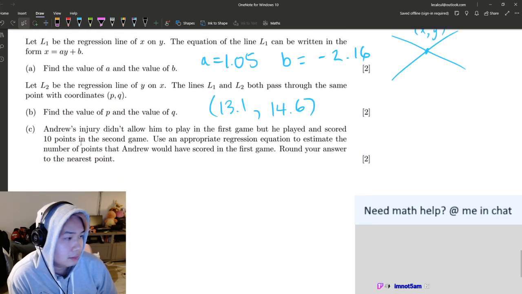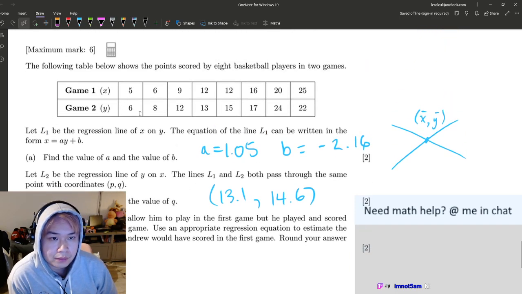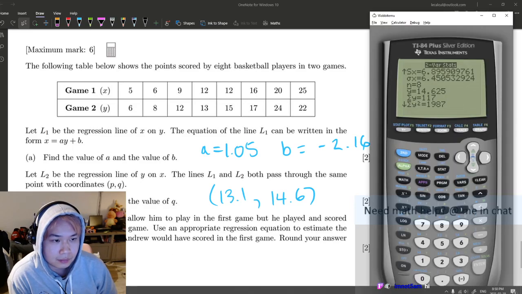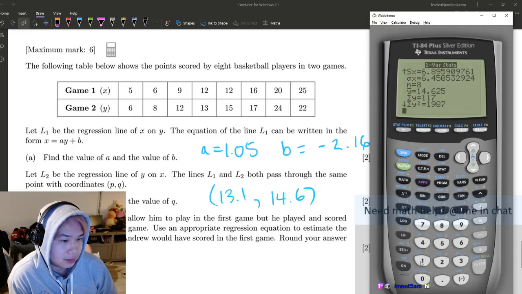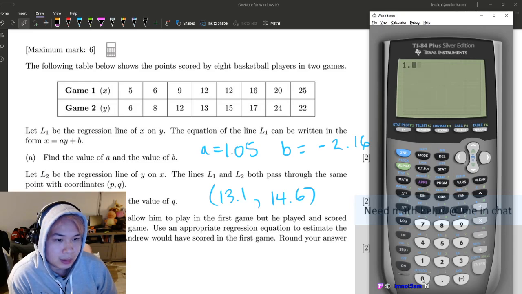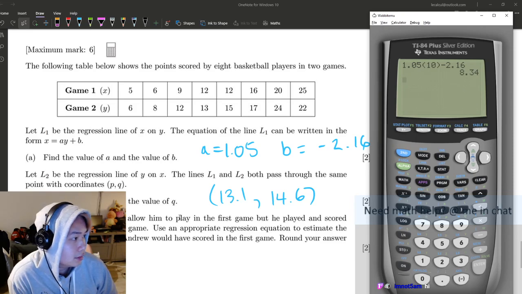He scored 10. And we want to find out how much he scored in the first game. So essentially, we just plug in 10 as our y value to get the x value. Okay, so following the formula, 1.05 times 10. And then subtract 2.16. And then round your answer to the nearest point, so 8 points.